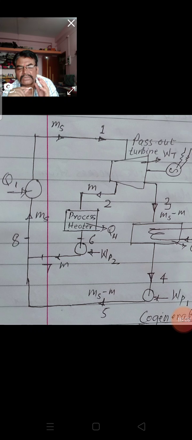In the topping cycle, we first generate the mechanical energy and then the thermal energy is produced, and that is the importance of the topping cycle. The topping cycle can be explained on the basis of two diagrams: one is a cogeneration plant with a back pressure turbine, and another is a cogeneration plant with an extraction turbine.